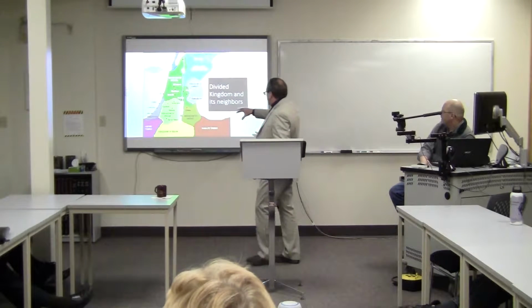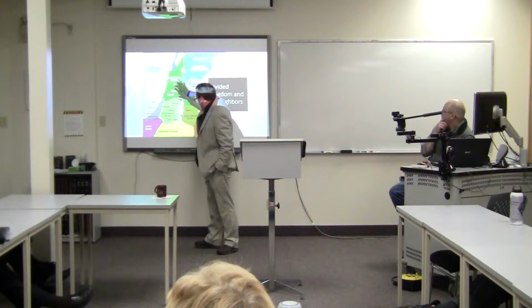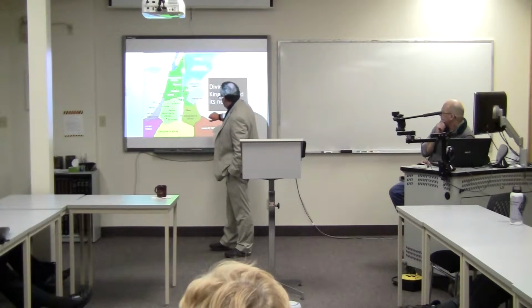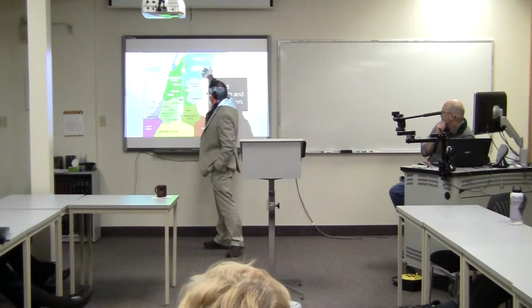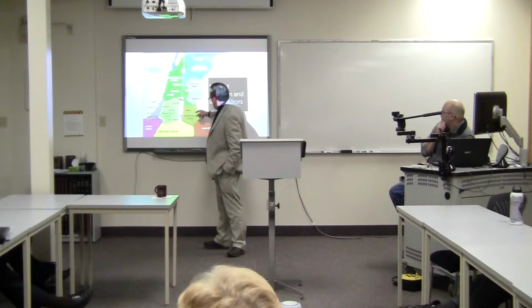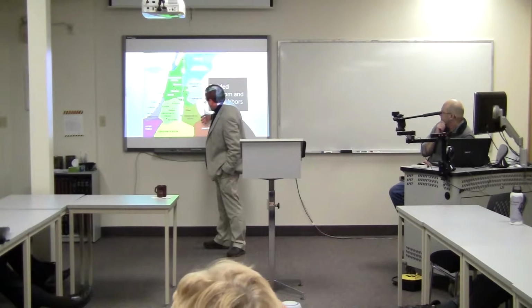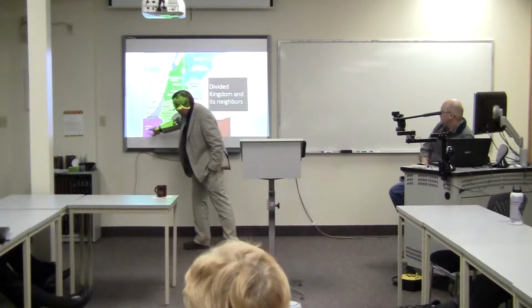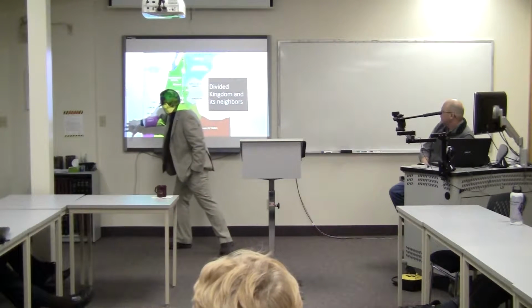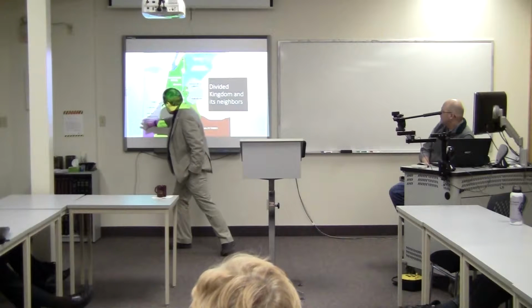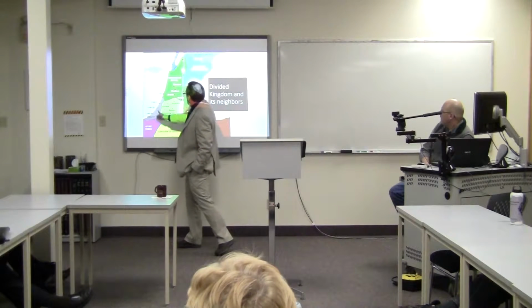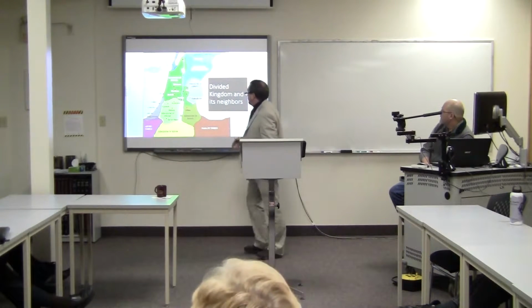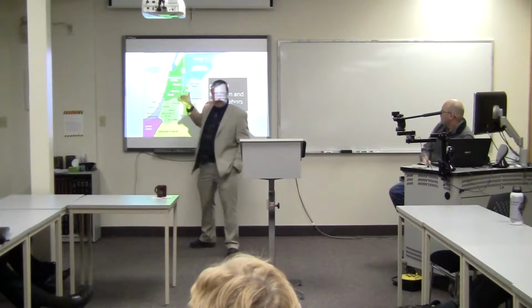Just to say that the divided kingdom and its neighbors, we see Israel, we see Judah, there's the Aram Damascus, the Ammonites, we see the kingdom of Moab, the kingdom of Edom, the Arabian tribes are down, and then Egypt is this direction, the Philistine coast, Phoenicia up to the northern area.